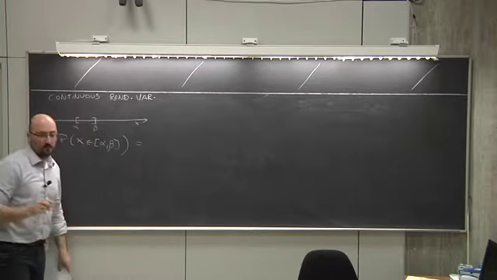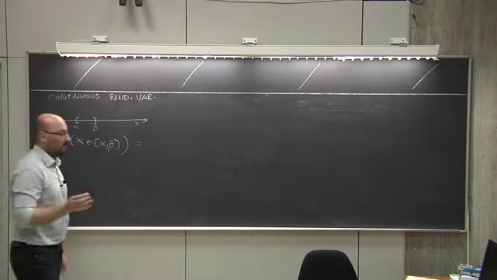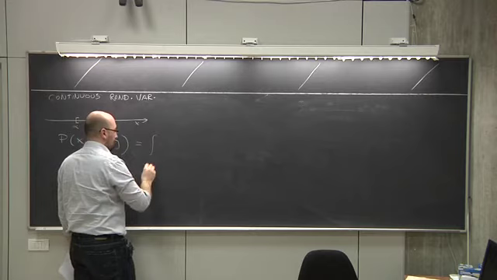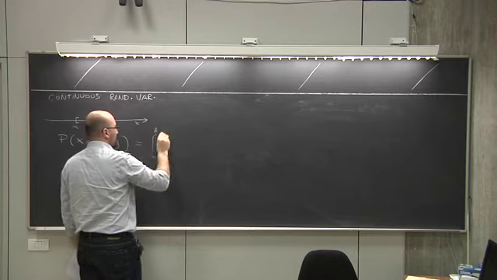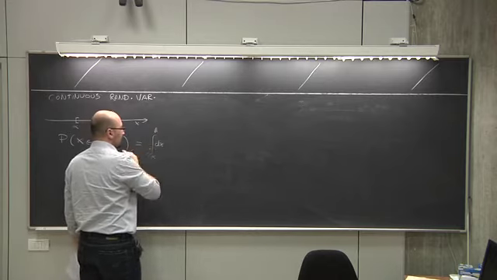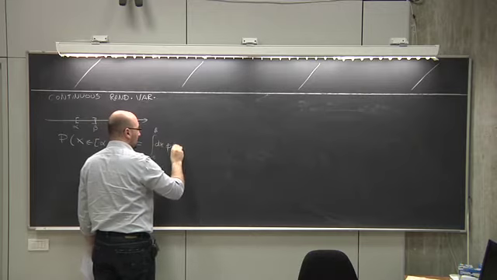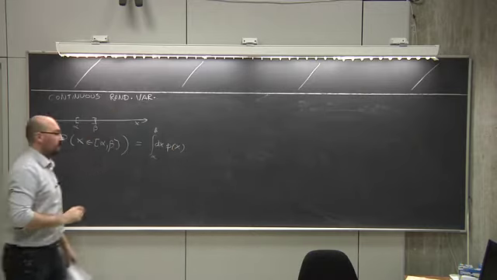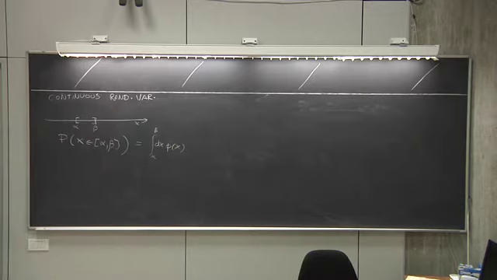In this class, we will be content with the following thing. Suppose there is a function, small p, such that this probability is an integral of this function between a and b.